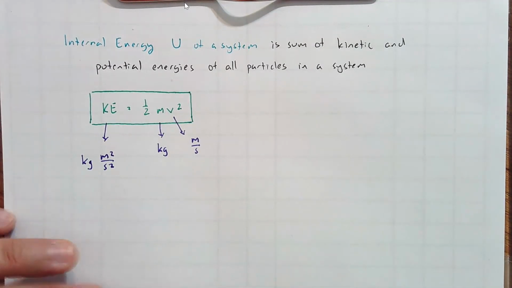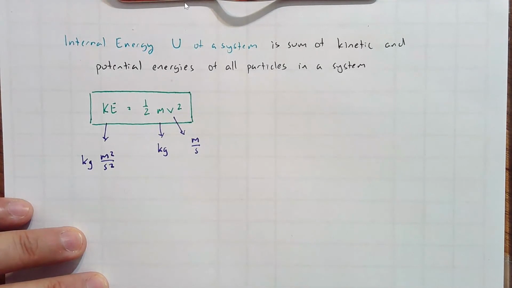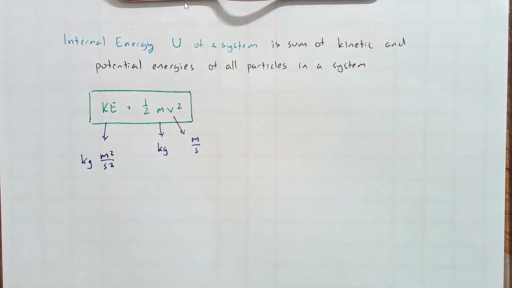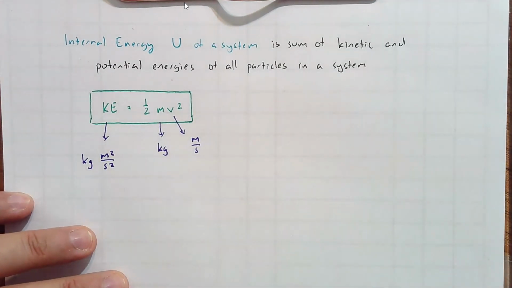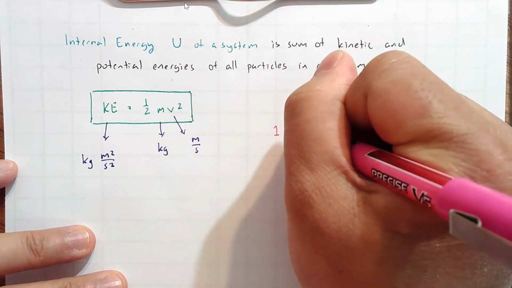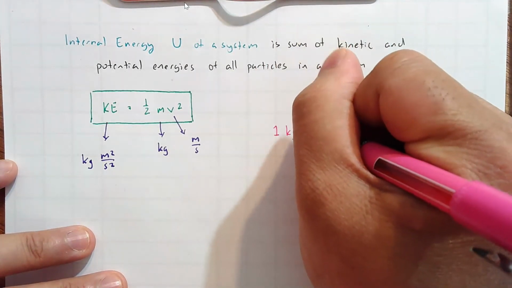But we're not going to use this specifically as a unit because there is a conversion, and the conversion is, what color do I want to use? I'll use pink. 1 kilogram, and you can put a dot if you want for multiplication.